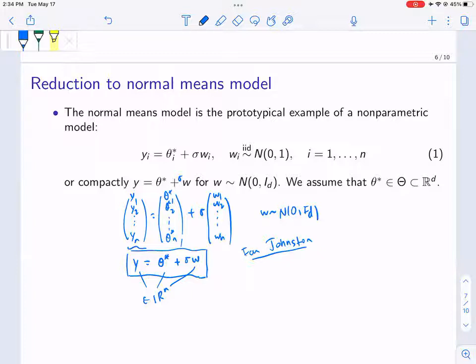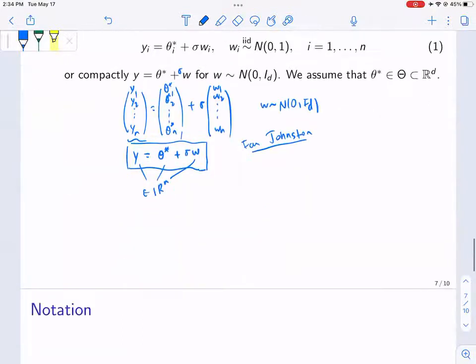You can calculate the maximum likelihood here because it's Gaussian. So if I give you y, you can actually calculate the maximum likelihood estimator of this. What is the maximum likelihood estimator actually?